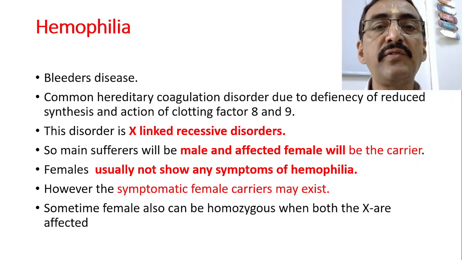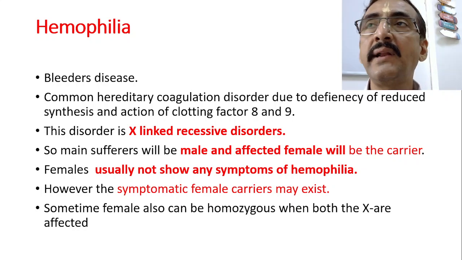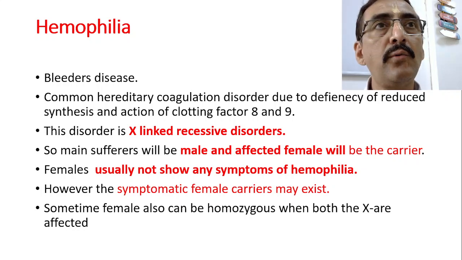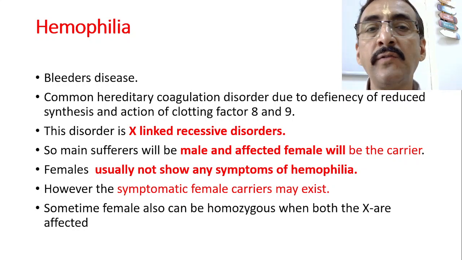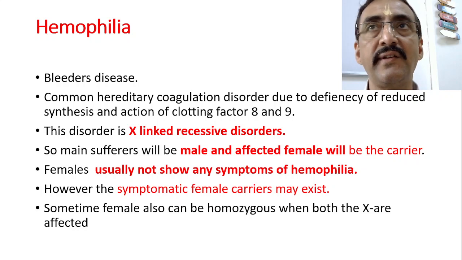The normal principle says that all X-linked recessive disorders are much more common in males than females, because a female has two X chromosomes. If one X is mutant, the other X will do the function, so the female continues as a carrier and not as a disease manifestation.